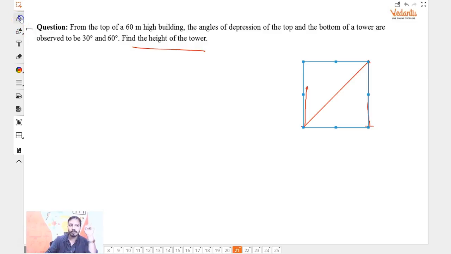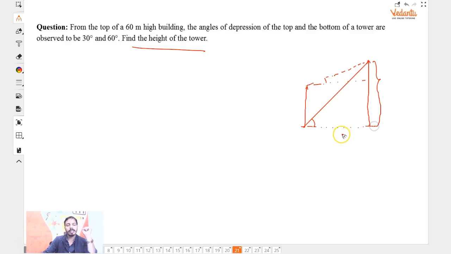Angle of depression means the angle from the horizontal that you see looking down. So from here and from here, these are the two angles that you get, right? Now you know the angles and you know the height, so from this you have to find out this height.